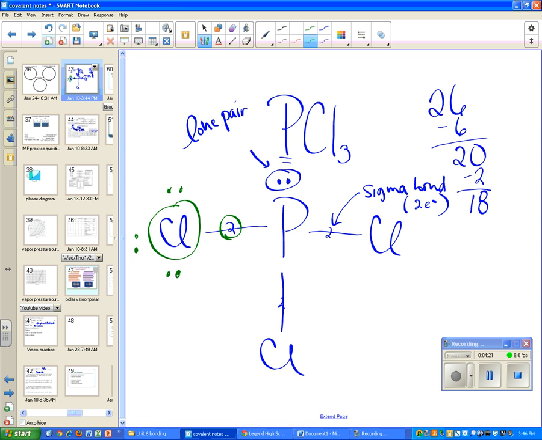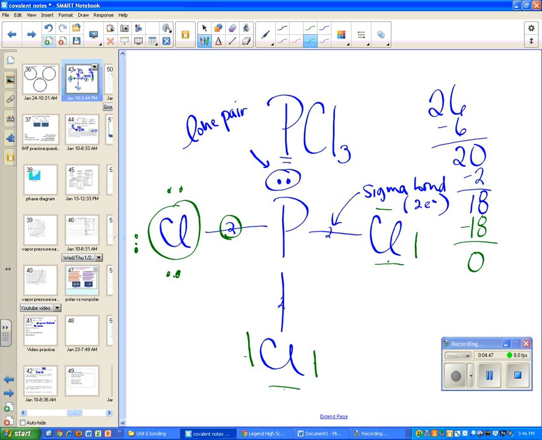Another way to represent that is by drawing a line. For the elements on the outside of the central atom, drawing a line is just a quicker way to do this. Each line is 2, so 2, 4, 6, 8, 10, 12, 14, 16, 18. I used up a total of 18, so I have none left.